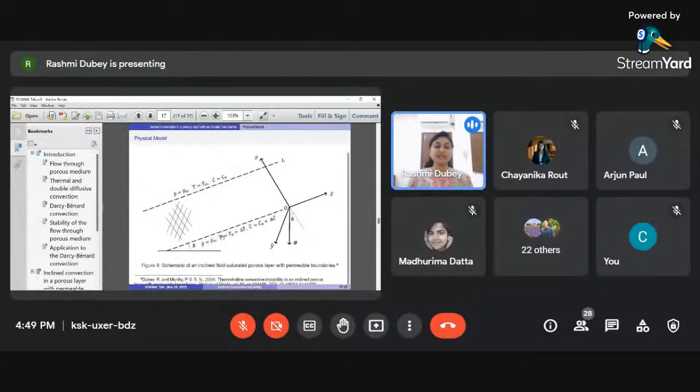However, there is a difference between the temperature and solute concentration across these two boundaries. The bottom one has higher temperature as well as higher solute concentration, and that's how the mechanism of natural convection can be expected. Delta is the angle at which the layer is inclined to the horizontal.